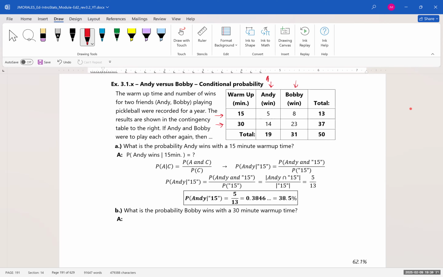We're going to call this event A. The event where Bobby wins, that's going to be event B. And the event where we've got a 15-minute warm-up time, that's going to be event C. And the event with a 30-minute warm-up time, we're just going to call that event D.